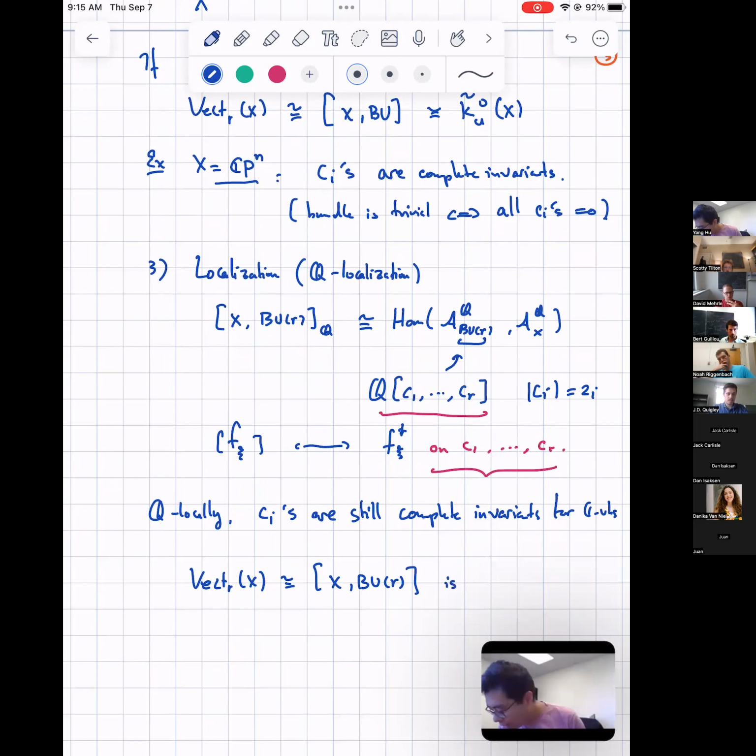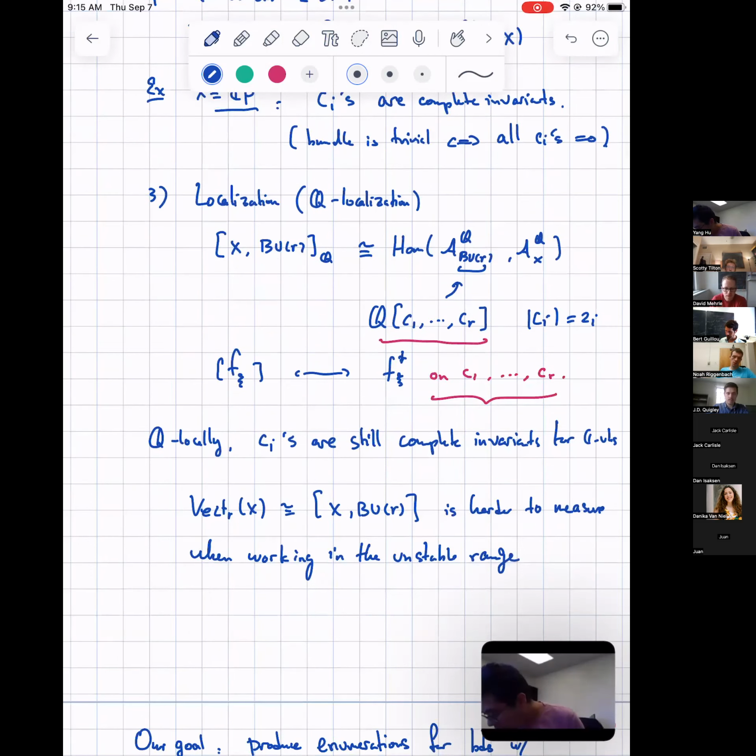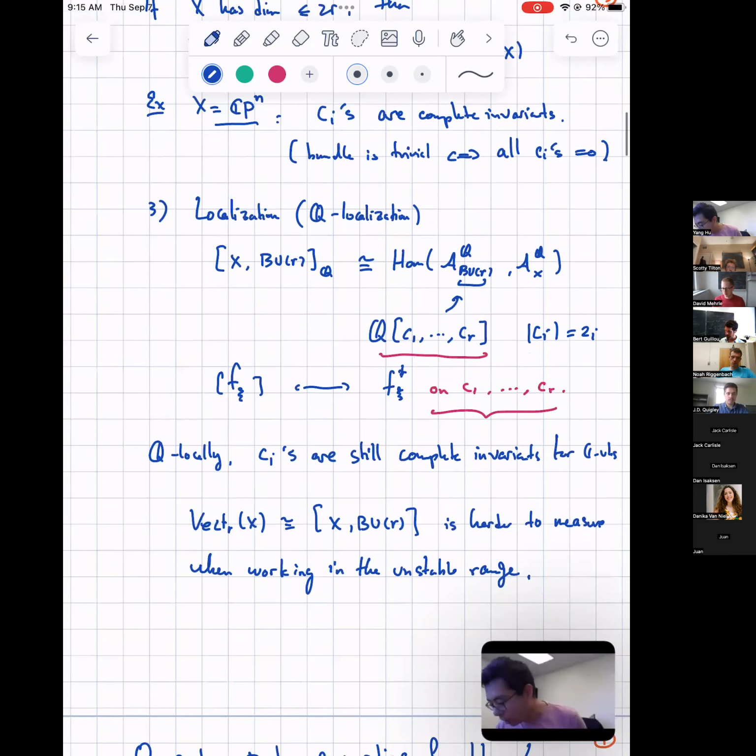So this is harder to measure when working in the unstable range, by which we mean the rank R of the bundle is less than half the dimension of the base space, but greater than 1, because line bundles are determined by the first Chern class.